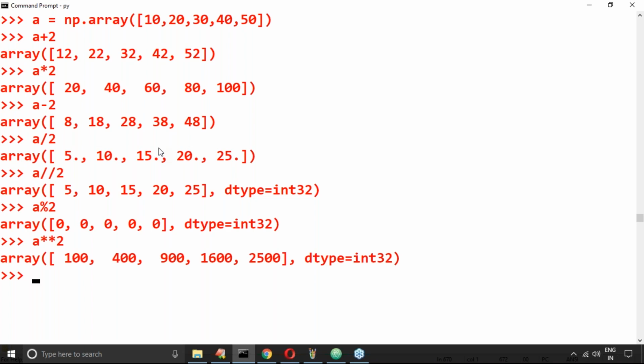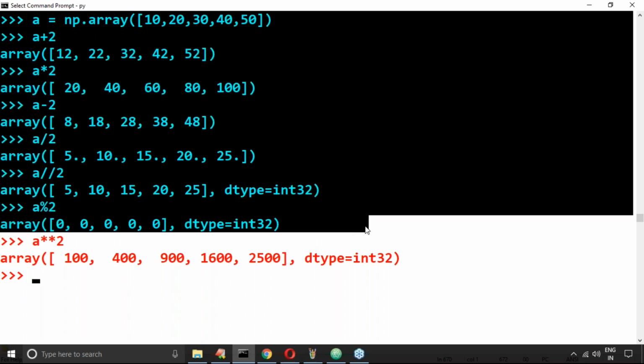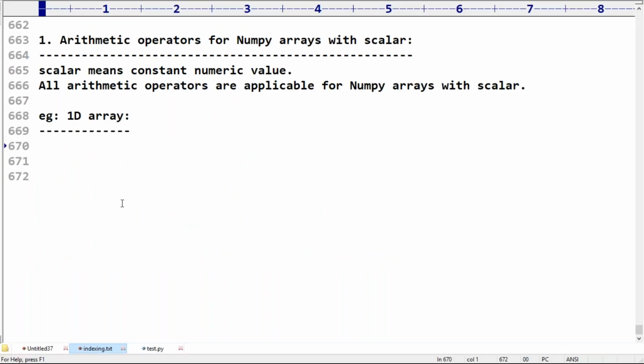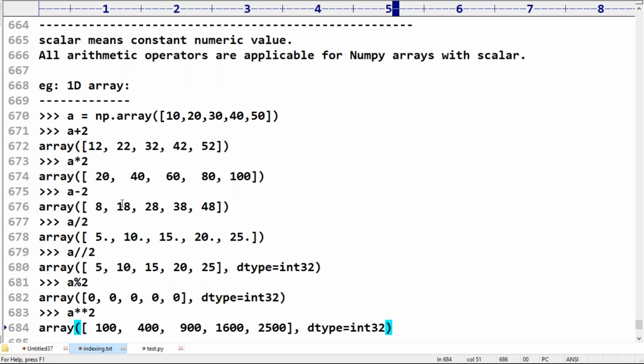Please confirm, is everyone in a position to understand this? Is any explanation required? Array plus 2 means every element will be incremented. Into 2 means every element is multiplied. This is how you can apply arithmetic operators on a 1D array.